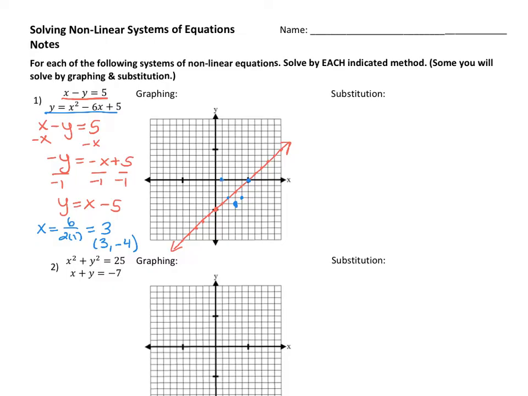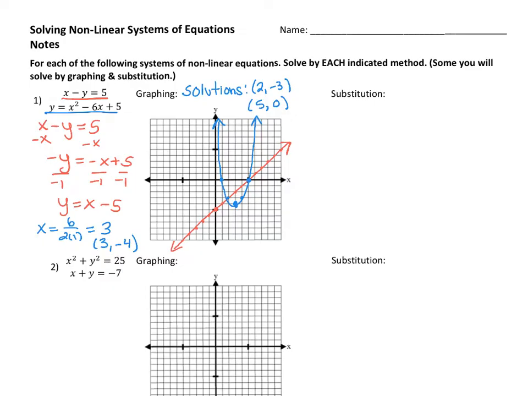And I want to do as many points until I see that the line and the parabola intersect. So I can see that my solutions are 2, -3, and 5, 0.